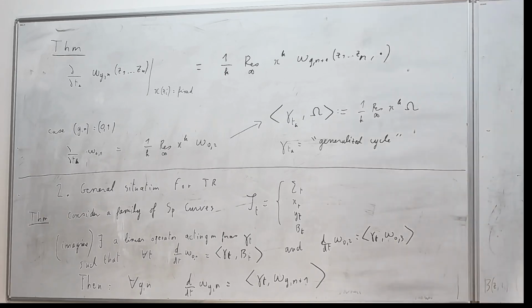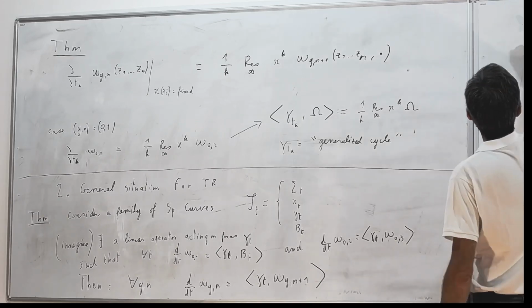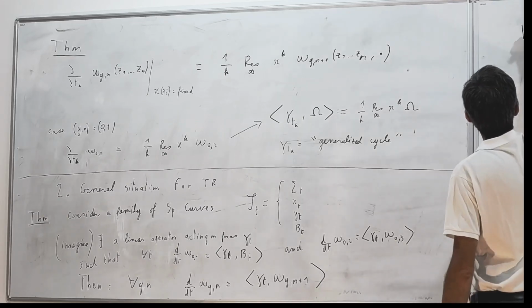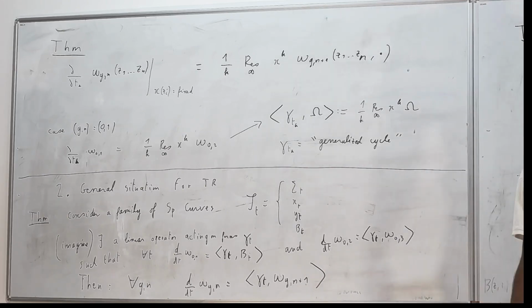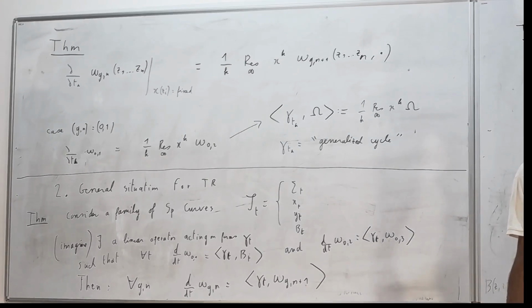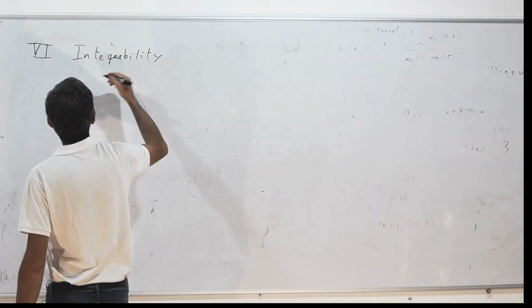My last part is I would like to talk now about integrable systems. I think this is chapter 6, integrability. And I will come back to matrix models.